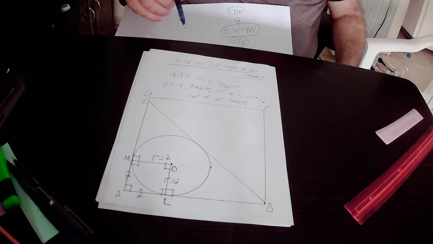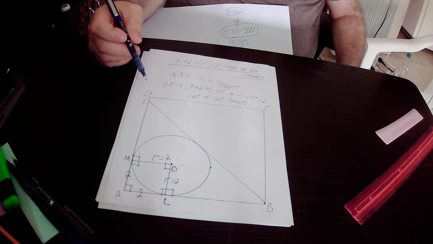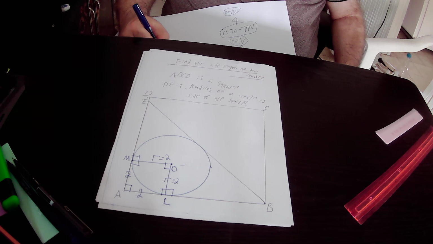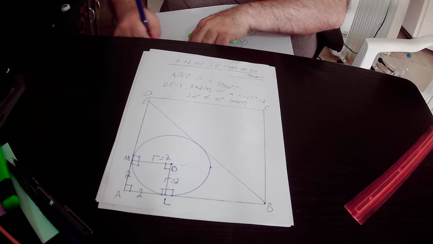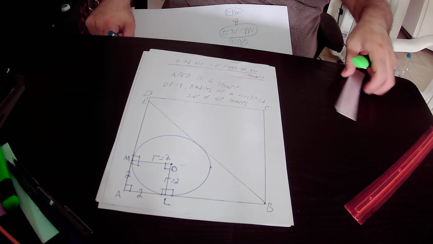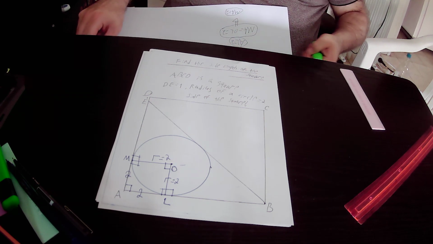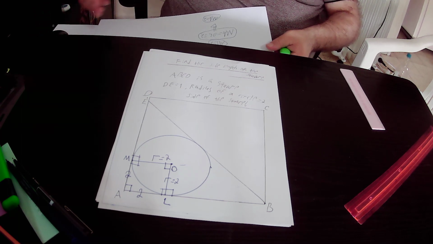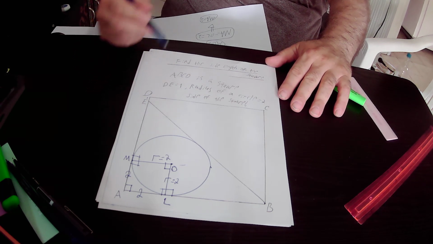So, if we focus on the common external point, point E, we have two tangents to this circle. The first tangent is tangent EM.